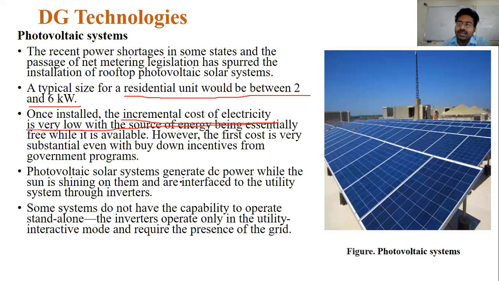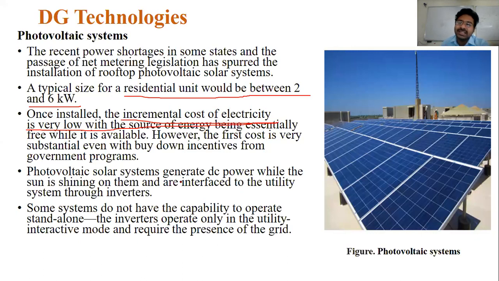There are dust particles placed on the solar plates, so you can clean them. Some maintenance cost is there. But the life of the solar cells is nearly 25 to 30 years. In 10 to 15 years we recover the installation cost and other things, and for the remaining 10 to 15 years we get profits from these solar plants.